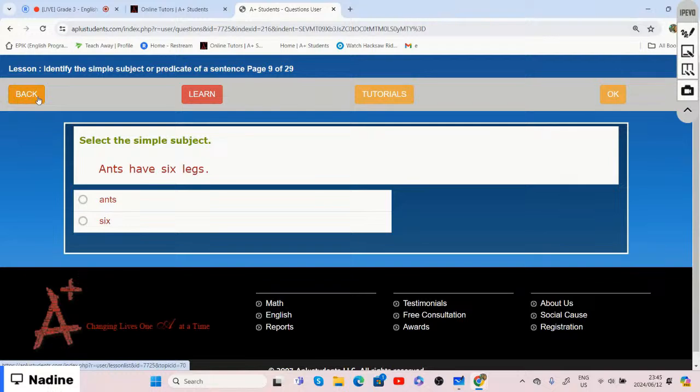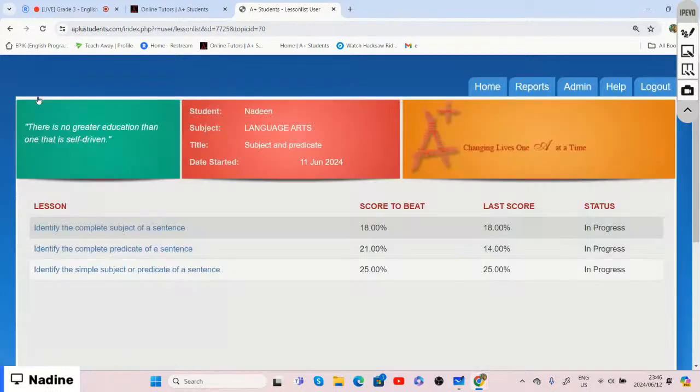Driver is the subject that did the action, which means that the driver is a noun. It is the who that is doing the action, but drove is the action within that sentence. So well done. Drove is correct.